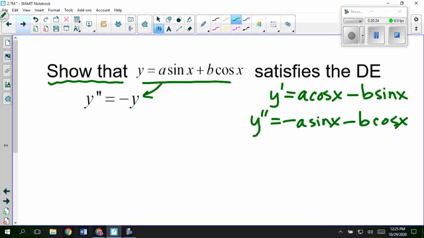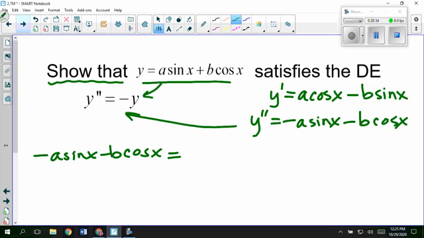So I'm going to plug my second derivative from here over into my DE. So I have negative a sine of x minus b cosine of x. And that is supposed to equal negative, and then I stick the y function in there. And we are to show that. And you cannot just leave it here saying that those are equivalent.